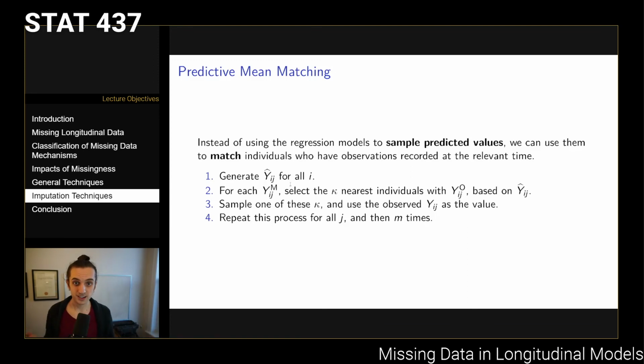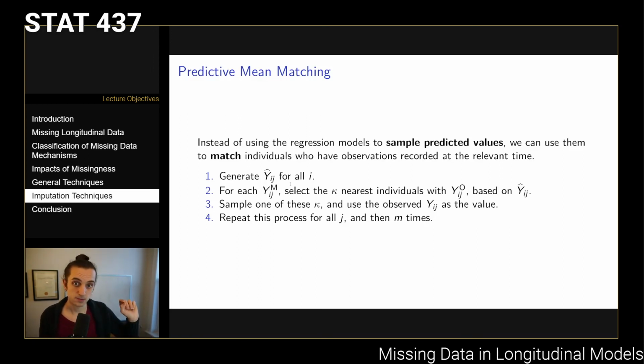Now, for both of these, obviously there's this whole idea of sampling from the posterior distribution, which is a bit more mathematically involved than what we're getting into. But if it helps, the way that I personally think about this is that with these regression-based imputation techniques, we just fit a regression model to predict the outcome at stage 2 using the input at stage 1 and our covariates. And then we take those values and we pretend like they were observed.